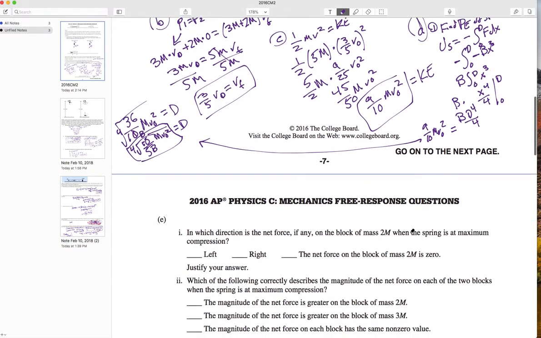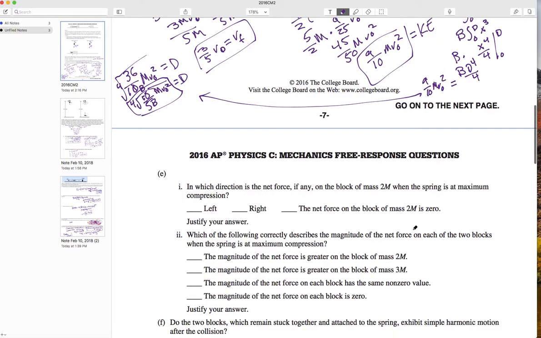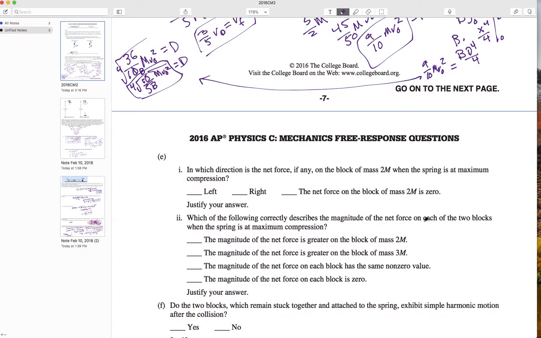In which direction is the net force, if any, on block of mass 2m when the spring is at maximum compression? So when the spring is at maximum compression, it's at maximum compression here.